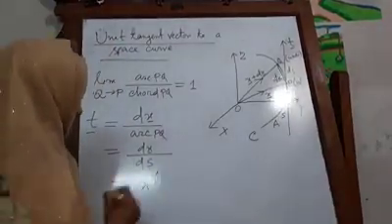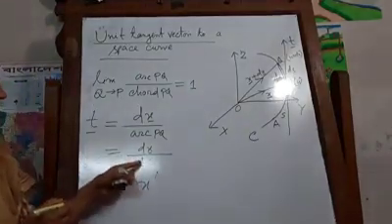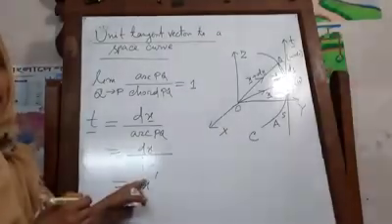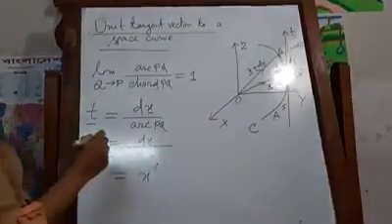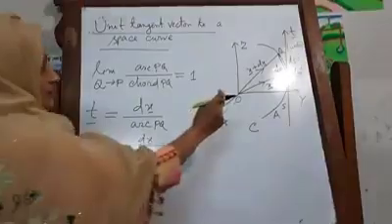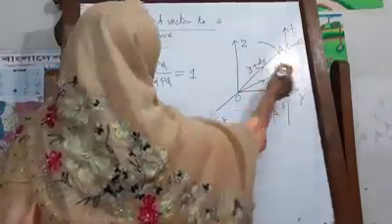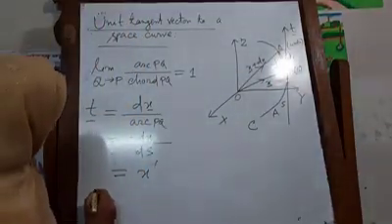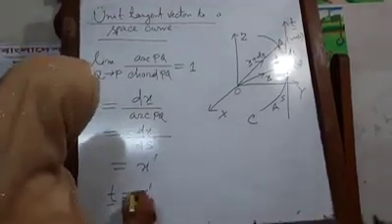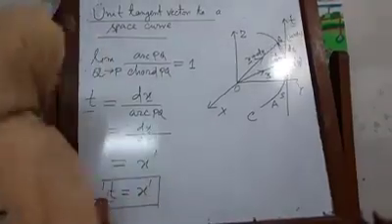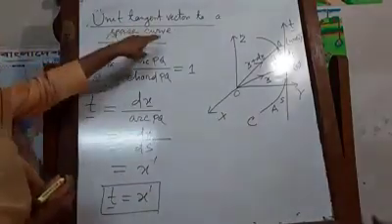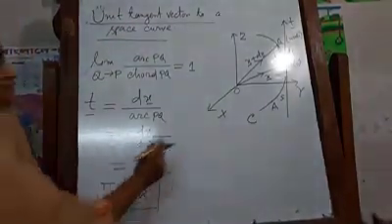This implies x prime, here dx by ds, that means differentiating with respect to s, which is arc AP. That is, we find x prime. This is the unit tangent vector to a space curve C.